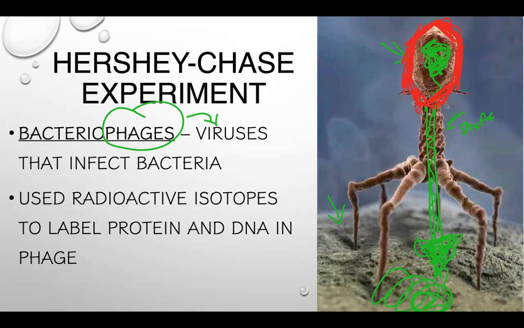Hopefully you remember what an isotope is. It's a different version of an element on the periodic table, and radioactive means that we are able to trace it, so we can follow where it goes, either through fluorescent labeling, where it glows, or sometimes by exposing it to X-ray film to see where it goes.